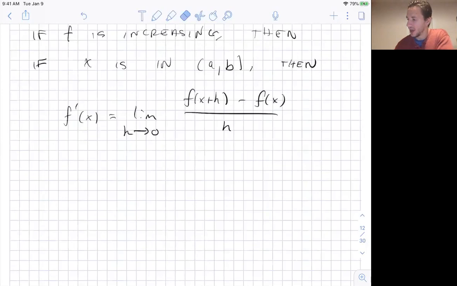Well, really where that h comes from is x plus h minus x, right?